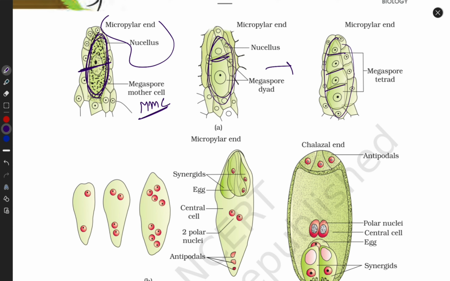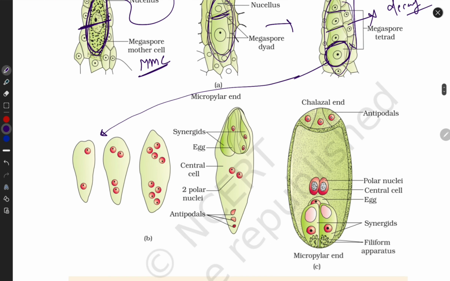But now what happened next? These three cells decay, die, dissolve. But one cell participates in egg cell formation. And this cell, now this cell does not divide in future, but its nucleus will divide. Look at here.